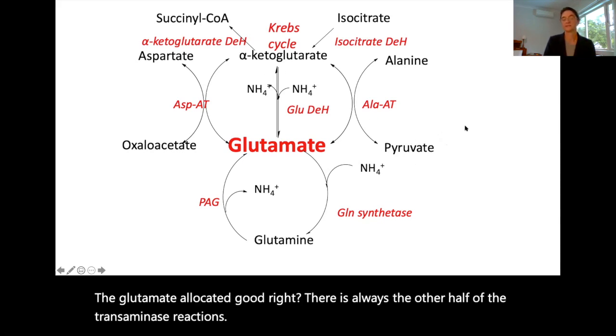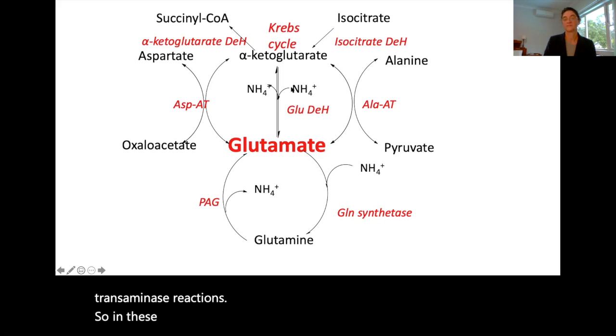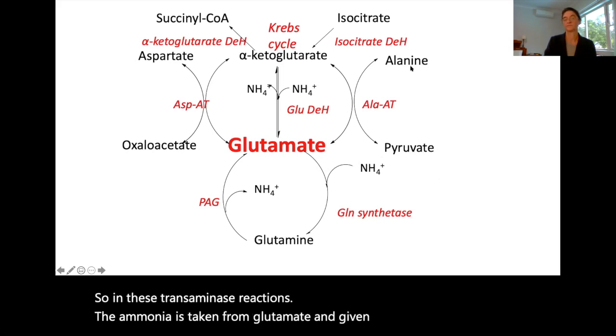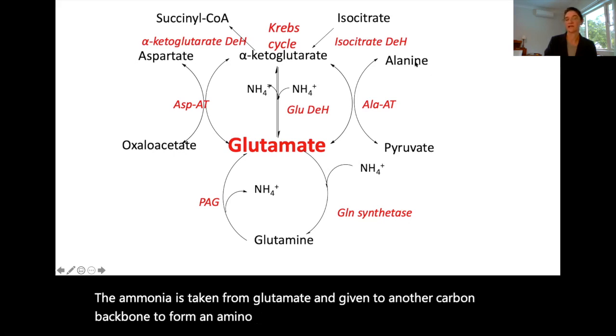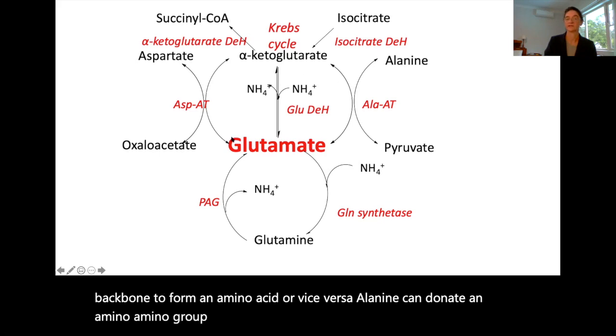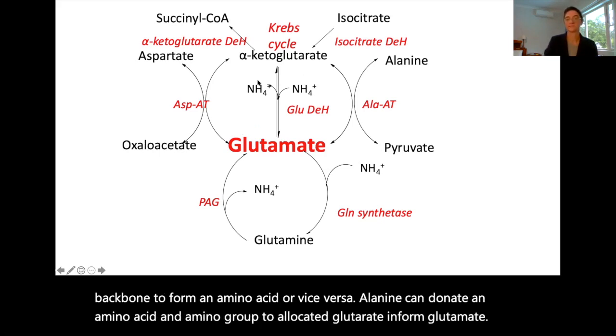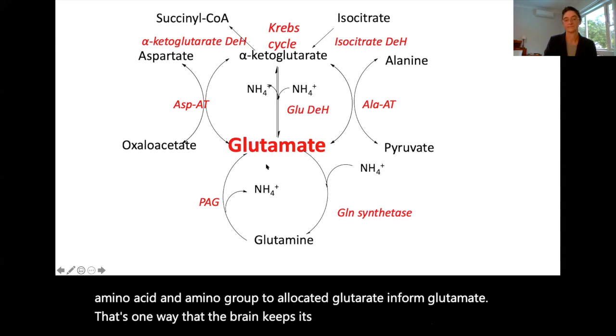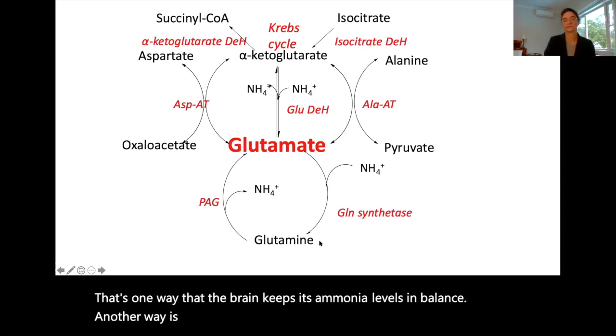So in these transaminase reactions, the ammonia is taken from glutamate and given to another carbon backbone to form an amino acid, or vice versa. Alanine can donate an amino group to alpha-ketoglutarate and form glutamate. So it's one way that the brain keeps its ammonia levels in balance. Another way is through synthesis of glutamine, through glutamine synthetase.